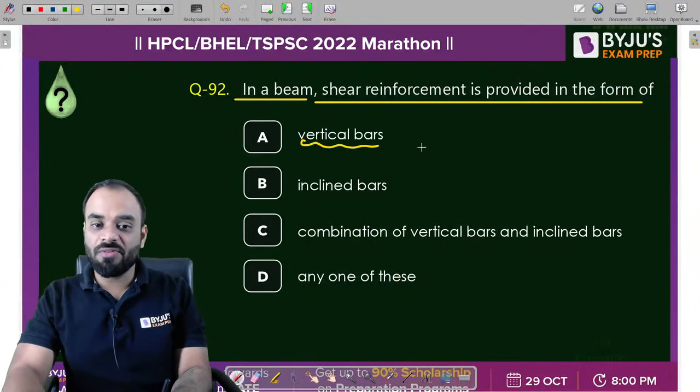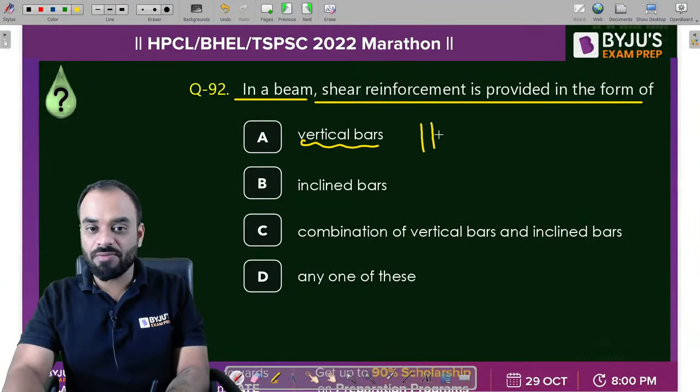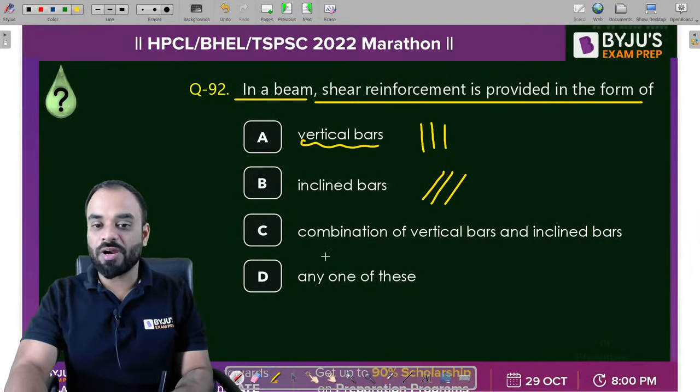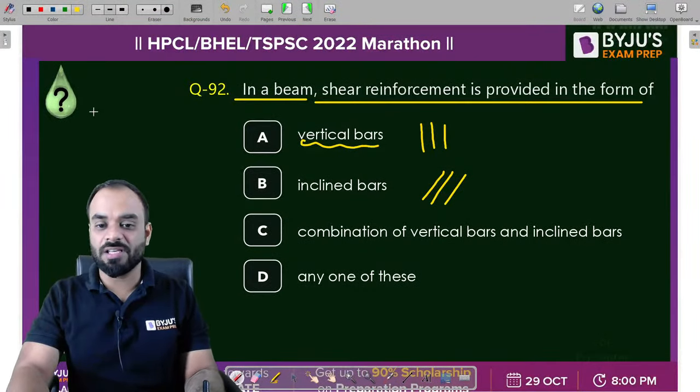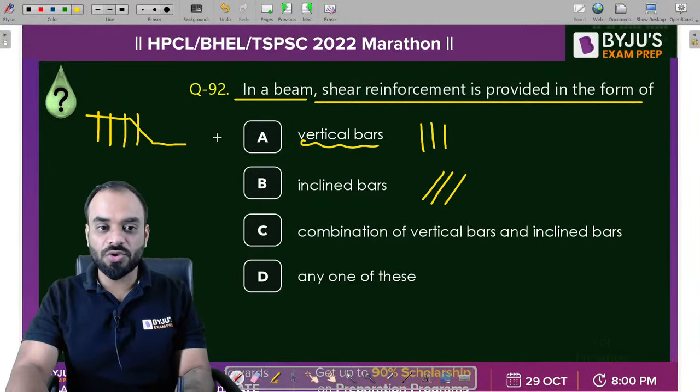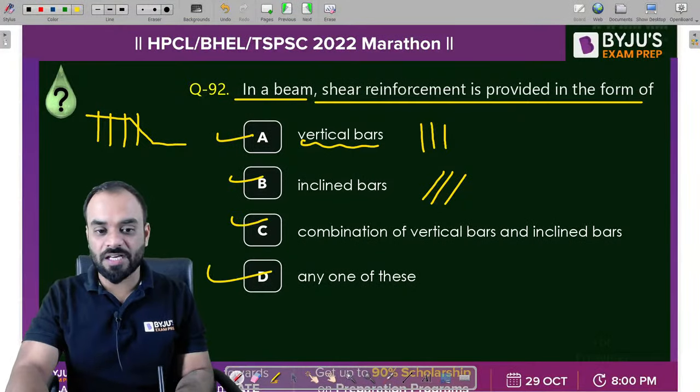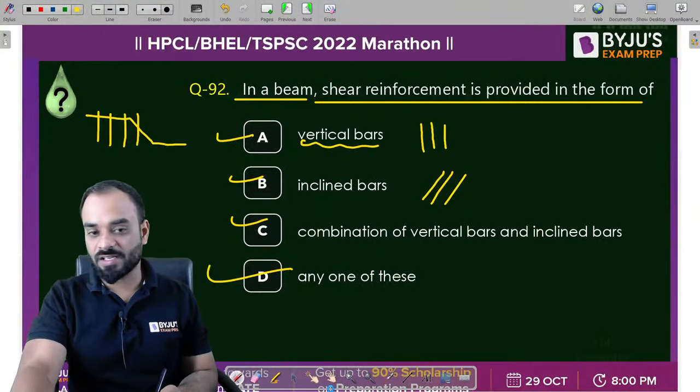We can provide vertical bars like this. We can provide inclined bars also. And we can provide a combination of vertical bars and bent-up bars also. So A is correct, B is correct, C is correct. That means any one of these. D is the correct answer.